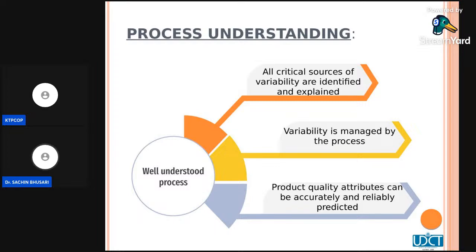So my final quality attributes must be known to me. So it starts with variables, variable management, and the final product quality. And if I understand all these three arms, then one can say that I understood the process. That's understanding the process. So got my point.